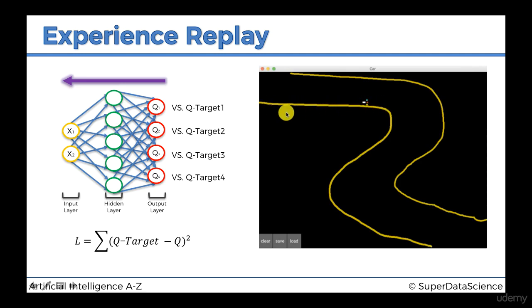That's how the network will update, and it will slowly start getting rewarded for driving so well. It will be like, oh, I'm doing so good, I'm doing even better. It will have this false perception that it's doing very well, even though it only learned how to drive along this wall.